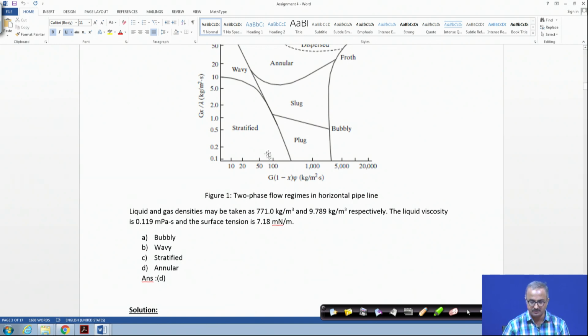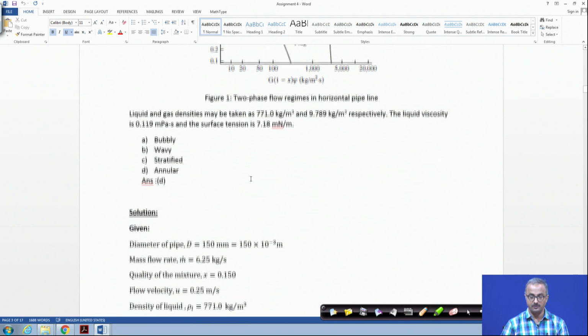So from this particular chart, if you plug in the values given in the problem, you can easily locate the regime. You get the value on the x-axis, you get the value on the y-axis, and then you figure out in which region these two values fall. From there you can very conveniently find out the type of flow regime.